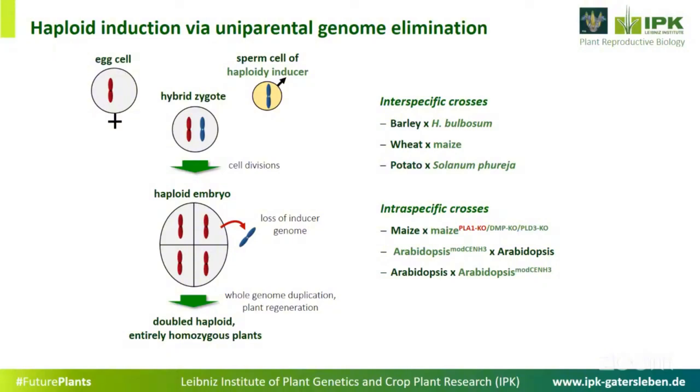Also, centromeric proteins can be responsible for this effect. When the centromeric histone H3 is modified, this was found in Arabidopsis, it works. And in Arabidopsis, interestingly, you can use these mutants either as a paternal parent or also as a maternal parent, and it goes in both directions.